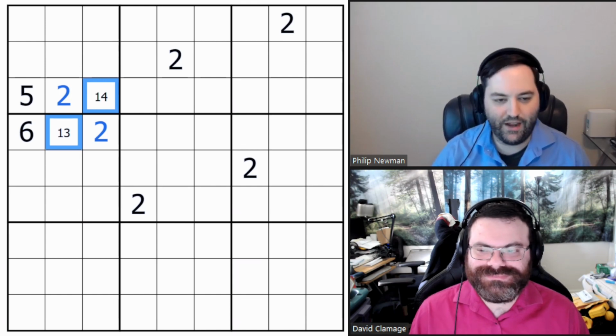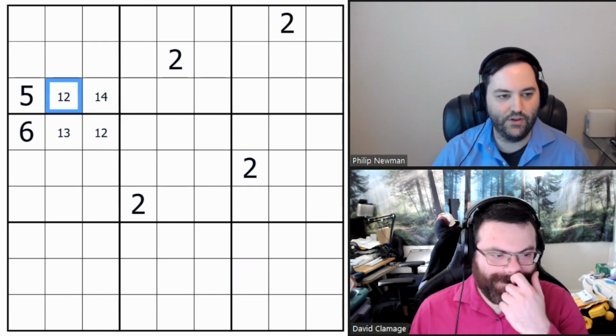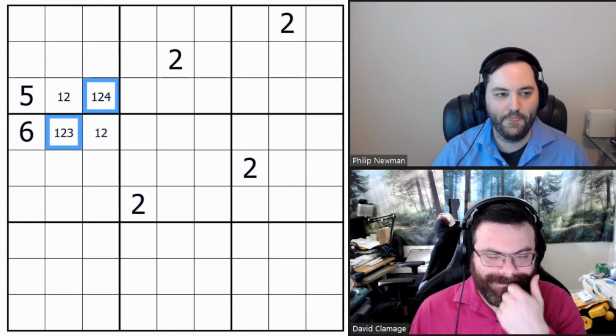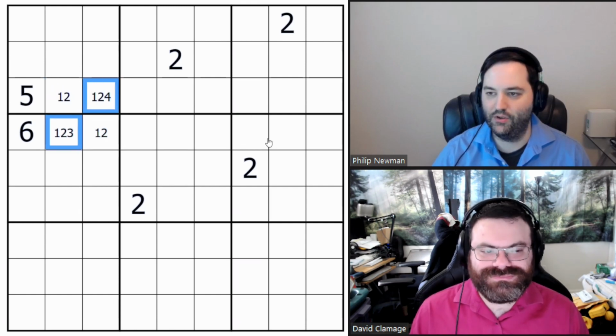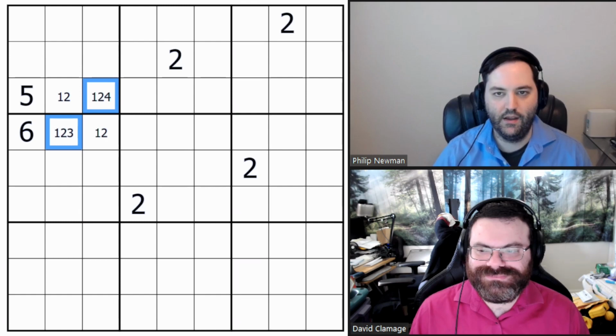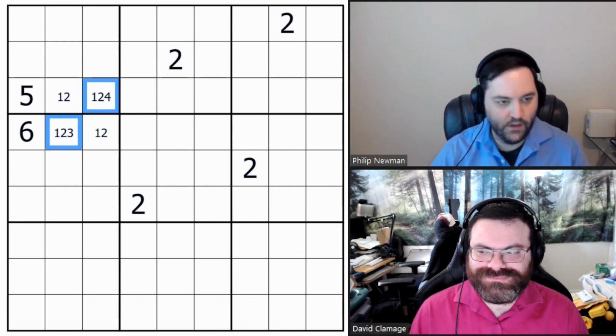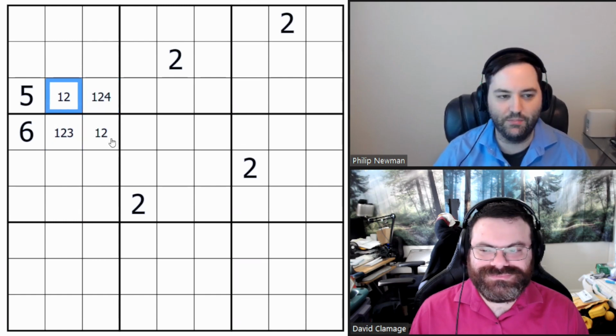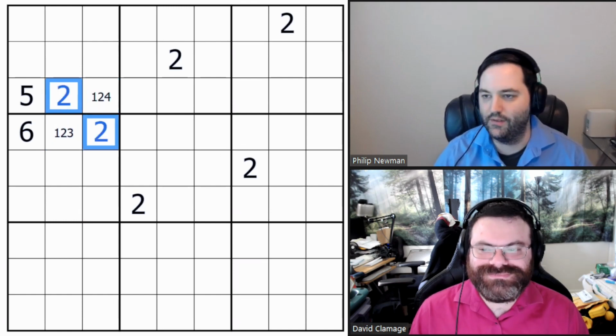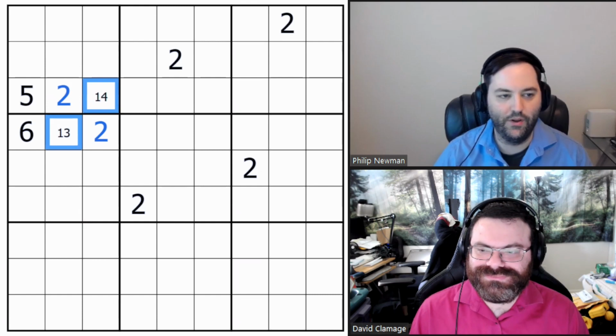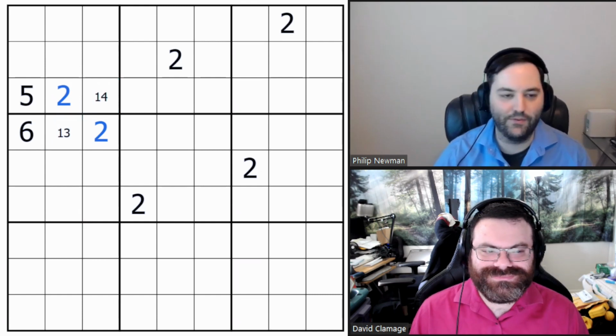But I think this one is the most interesting, just because we're saying 2 has to be here twice, and therefore 1 only appears once. But we're not really making any eliminations based on 1. I mean, we're placing the 2s, so that's eliminated that way. But it feels different to me.